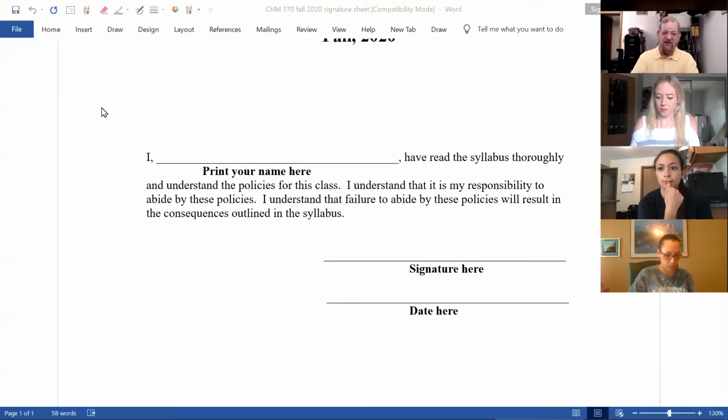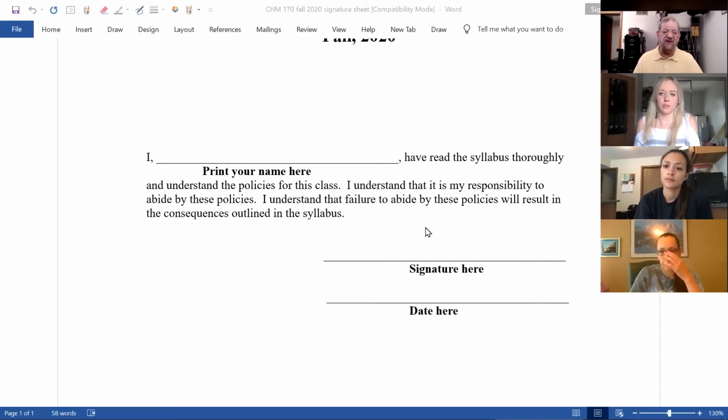What I'd like you to do is print your name in here or write it however you want to do it if you don't have a printer, and then sign it and date it. What it essentially says is you've read the syllabus and you understand the policies for this class, and you understand it's your responsibility to abide by these policies, and that if you fail to abide by these policies, it will result in the consequences outlined in the syllabus.